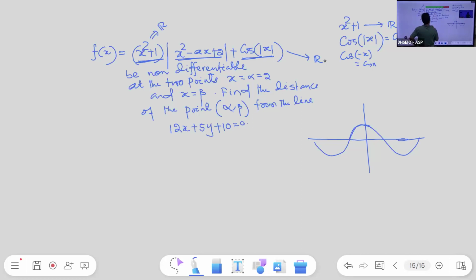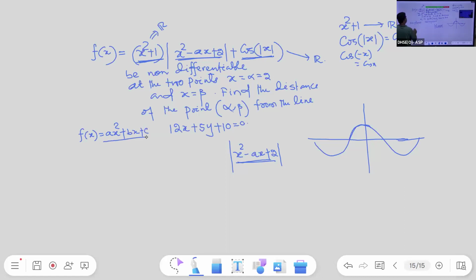What is the middle function, the second function? Mod of x square minus x plus 2. The total function will be non-differentiable where x square minus x plus 2 is non-differentiable. You know, if f of x is equal to ax square plus bx plus c, its graph is a parabola.